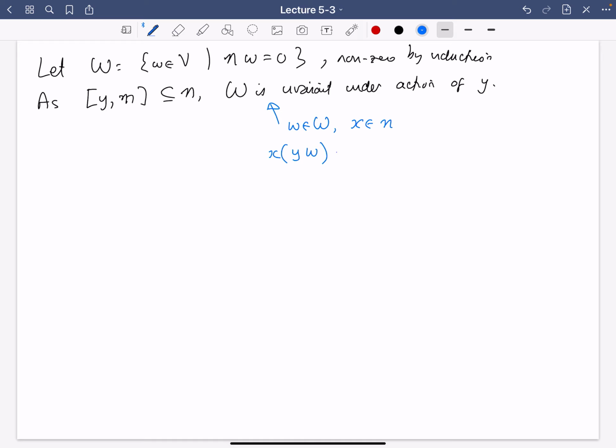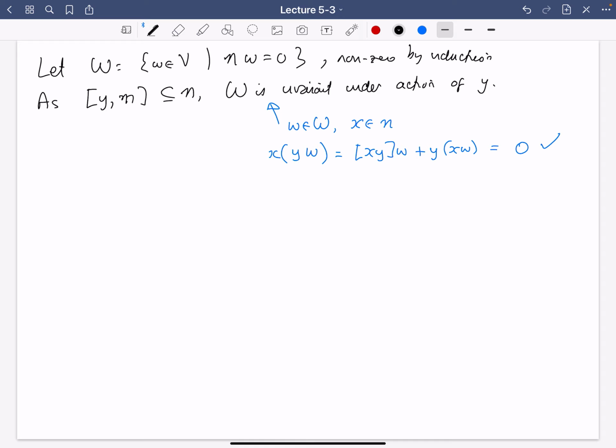But xyw is the commutator xy minus yx applied to w plus yxw, and xw is 0 by the definition of capital W. And this commutator, that's just another element of n, so that kills w, so that's 0. So that's the check that W is invariant under the action of y.